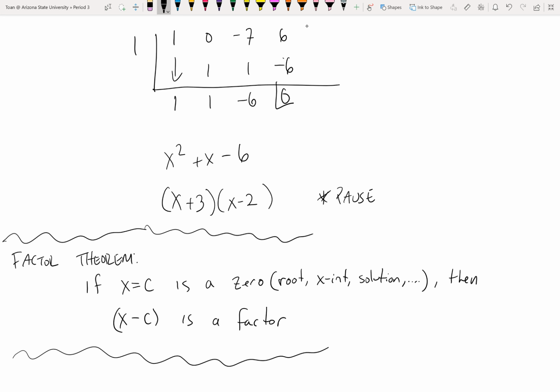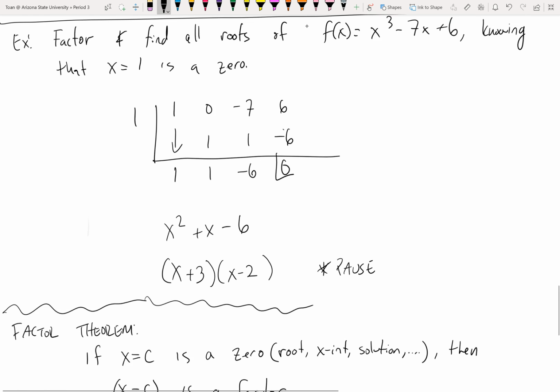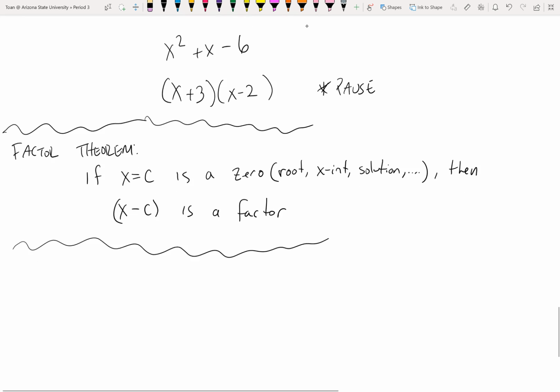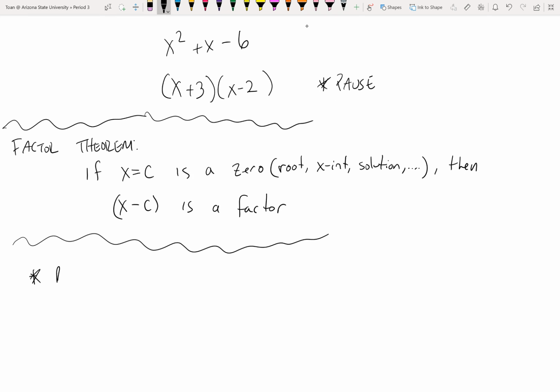So if I want to actually answer the question, I want to find the factored form of the original problem. Yes, I do have these factors here, which is part of the answer, but I need another factor from this zero here. So according to the factor theorem, if x equals 1 is a 0, then I automatically know x minus 1 is a factor.